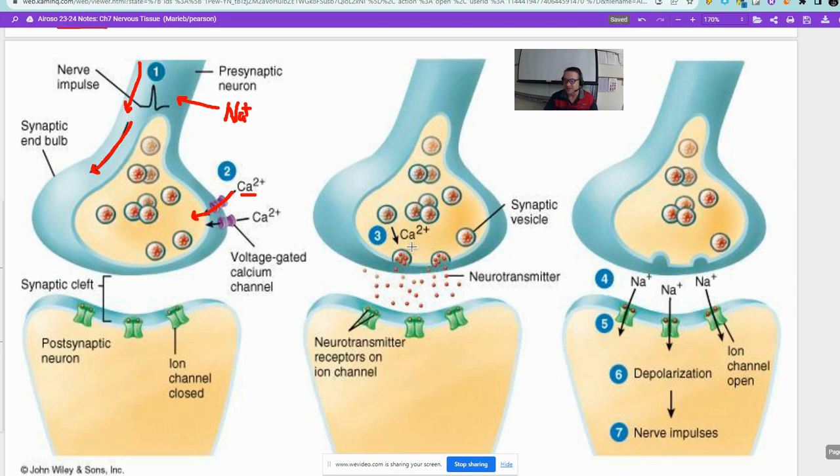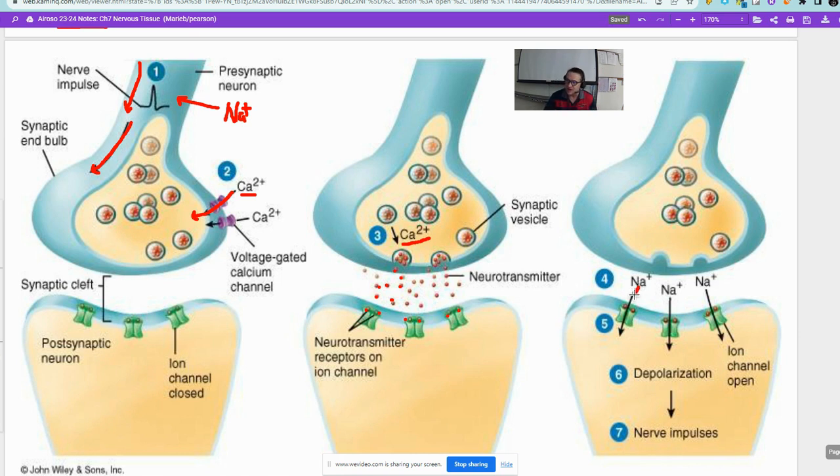And remember, when the calcium ions come into the synaptic end bulb, that's going to cause these synaptic vesicles filled with neurotransmitters to release their neurotransmitters into the synaptic cleft. Those neurotransmitters are going to diffuse across the synapse, across that space, and bind with those ligand-gated channels on the postsynaptic neuron. Remember, these are the dendrites right here. And when those neurotransmitters bind with the ligand-gated channels, it causes them to open up.